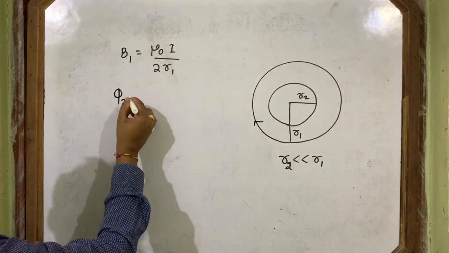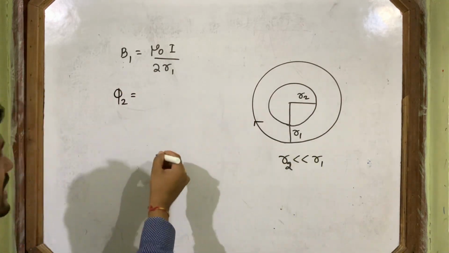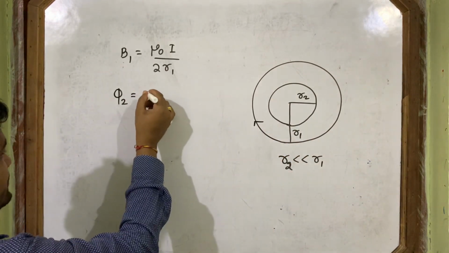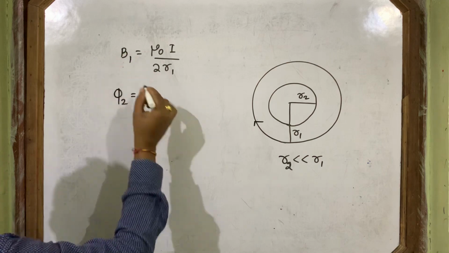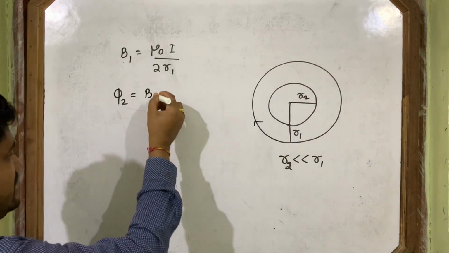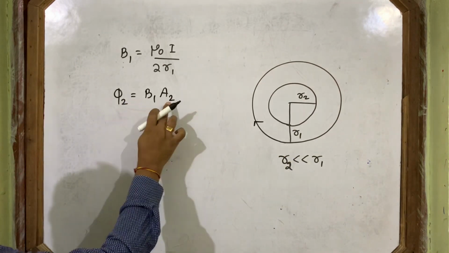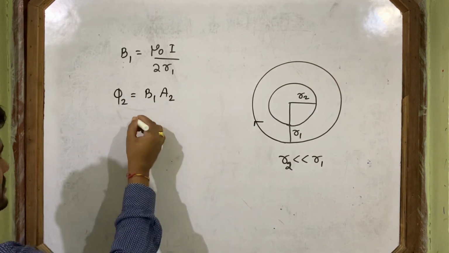Then what is the flux linked with the inner coil? I have taken the number of turns as only one. Flux linked is the magnetic field of the outer coil times the area of the second coil, since flux is linked with the second coil, with cos 0.